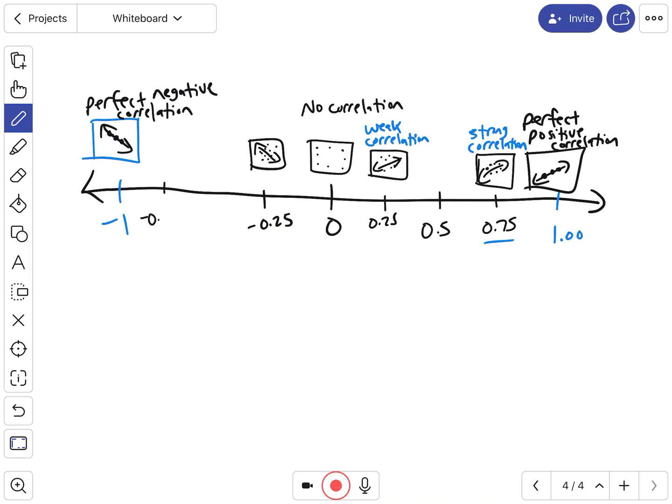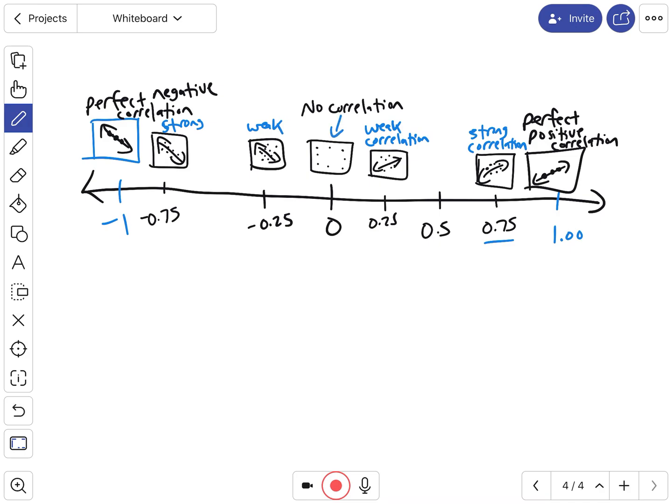And if you had negative 0.75, you would have a negative slope, and the points would be kind of closer together on that line. So this would be a strong, and this would be a weak negative correlation.